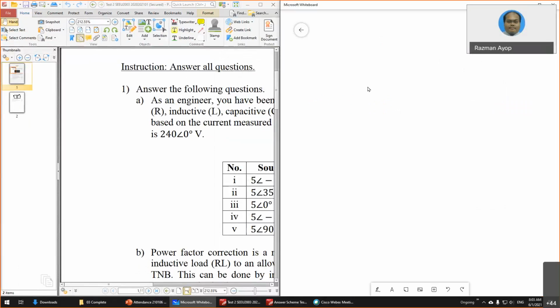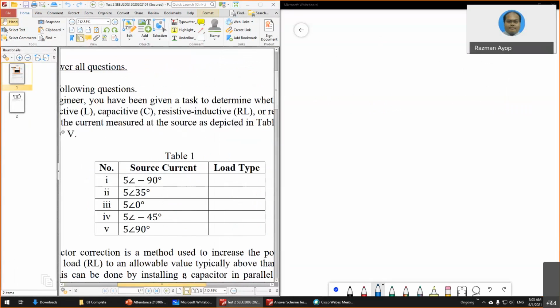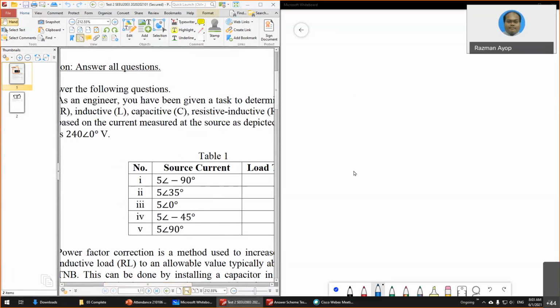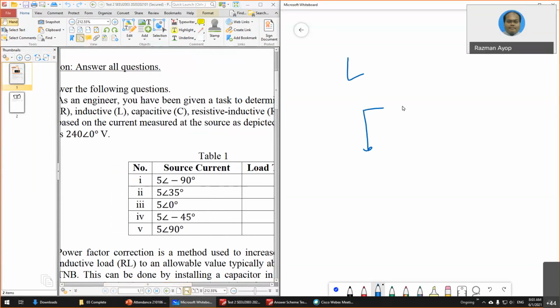Okay, this one you have to memorize. So you have to memorize back. Remember for L, the inductive load, the current will be 90° apart.